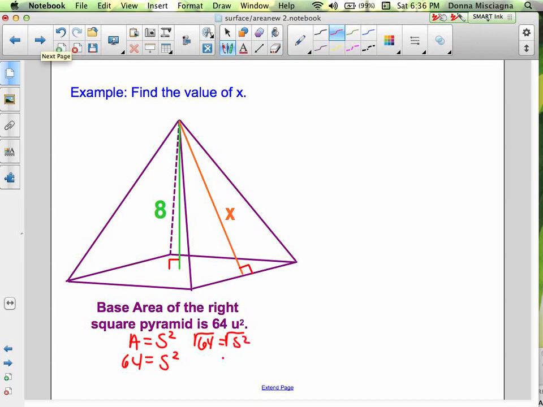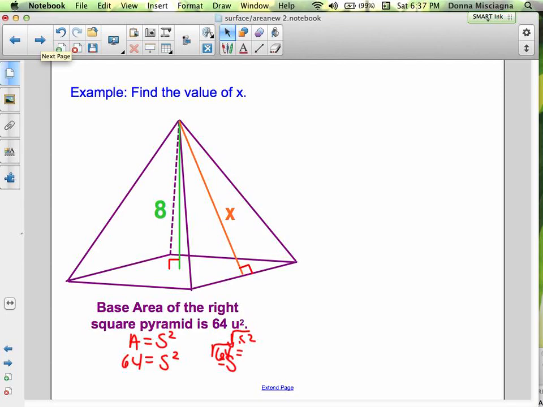So the square root of s squared is s, and the positive square root, ooh, my s looks like a 5. Now I lost the bottom half of this s. I wonder if it ended up in the right spot. No, not even close. All right, well, can we move that? No, we can move everything else other than that.